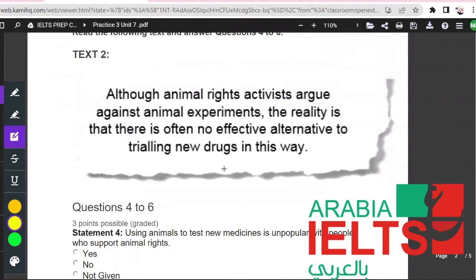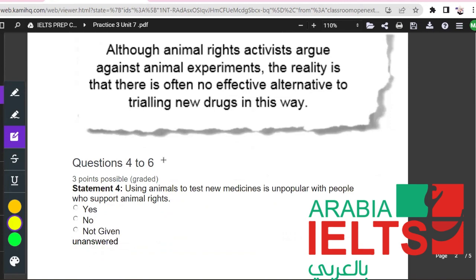The writer says, although animal rights activists argue against animal experiments, the reality is that there is often no effective alternative. There's nothing else they can use, there's no other solution, to trial new drugs in the way that they want. So the answer is not given.